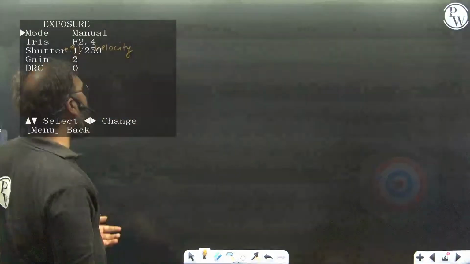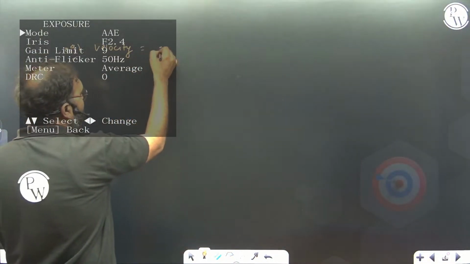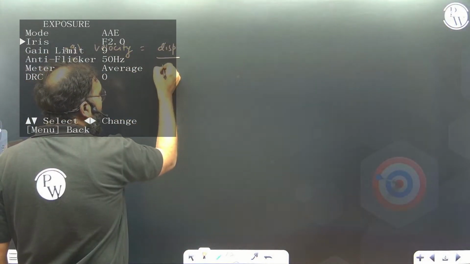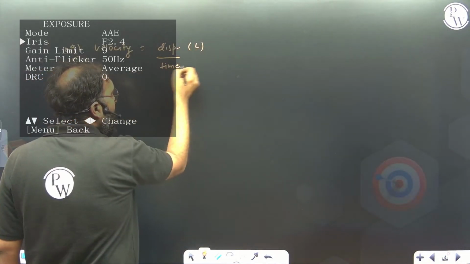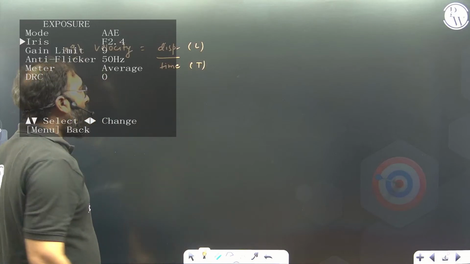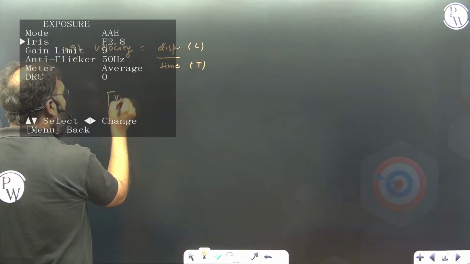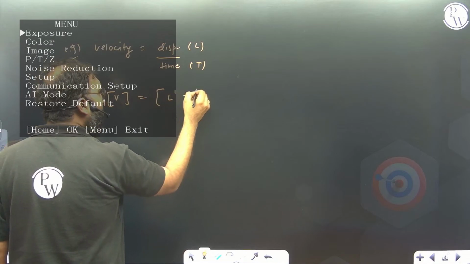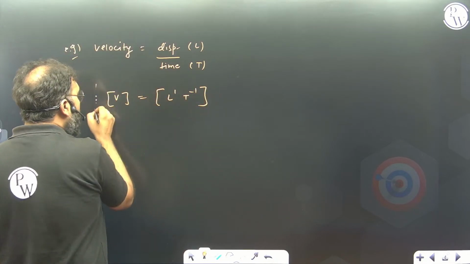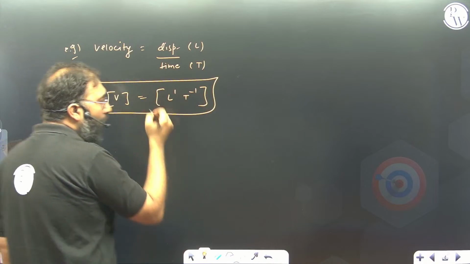The most fundamental definition for velocity is displacement upon time. So displacement is the measurement of length and this is time, right? So if I want to write down the dimension of velocity, it will simply be L power 1 T minus 1. So this is the dimensional formula of velocity.